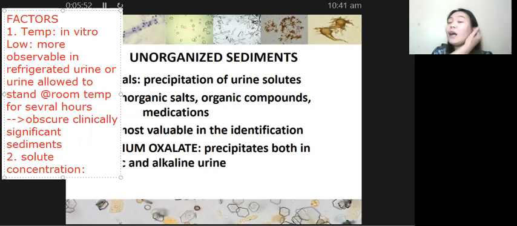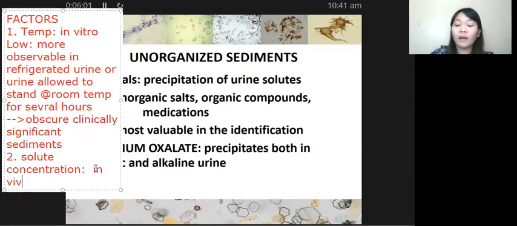So when it comes to solute concentration, this is the predominating factor that we consider in vivo. Ibig sabihin, crystallization of substances or solutes inside the body.